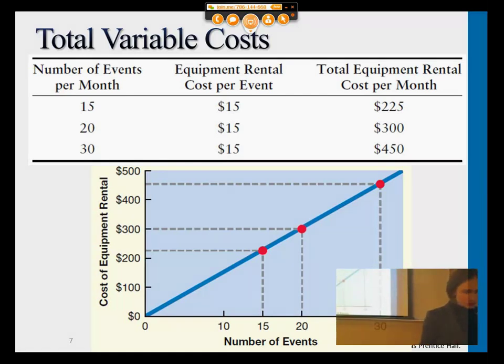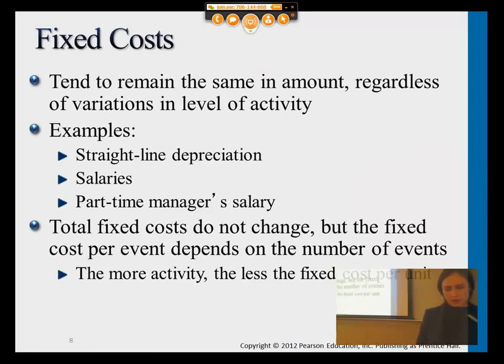All right, so let's look at our fixed costs. Now, fixed costs, we just said, are going to be different from variable costs because they do not change with volume, right? Why do they not change? Because it's a cost for renting that building, right? That factory or the office space.